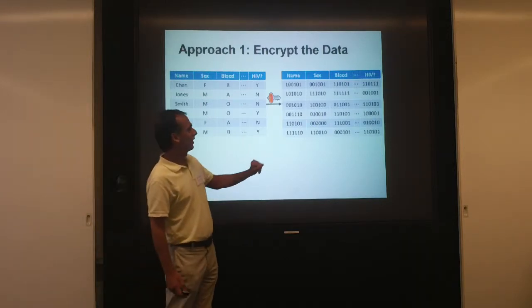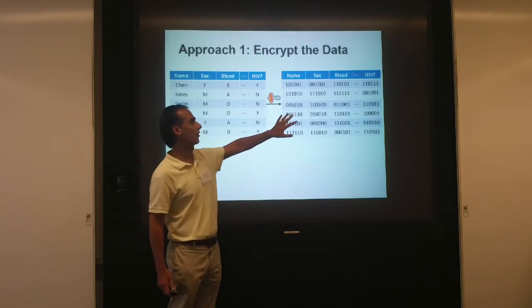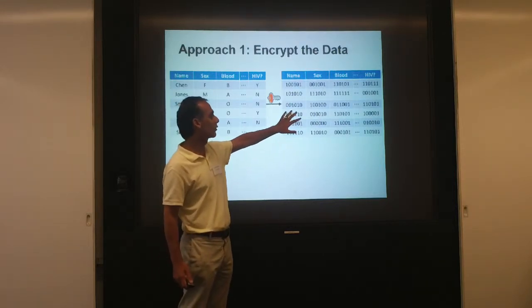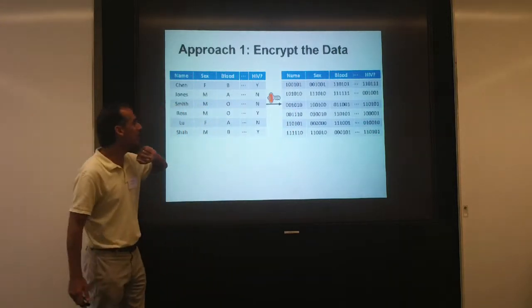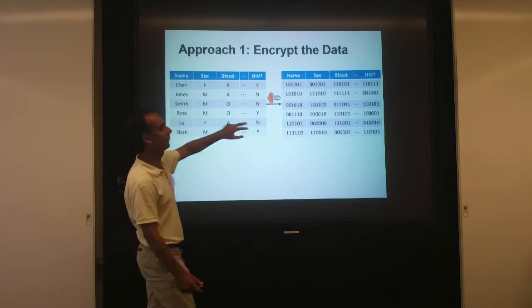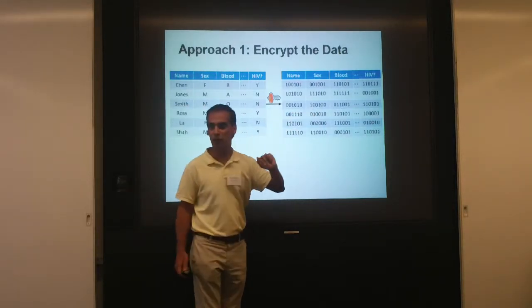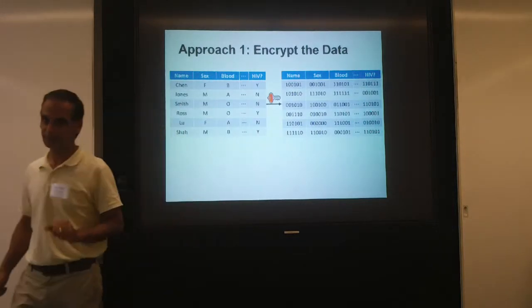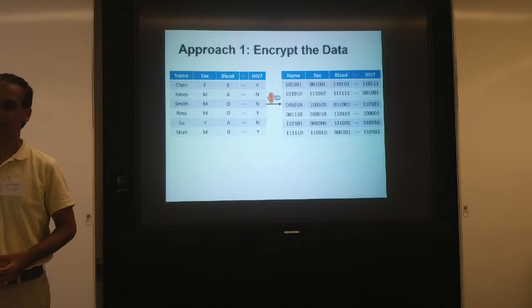Then someone who doesn't have the key really has no information about the data, can't get any information about the values, not even whether two values are the same, because when you encrypt the same value twice, you don't even get the same value.